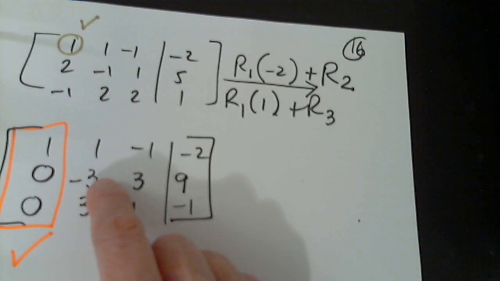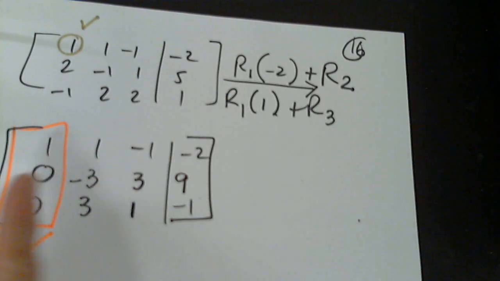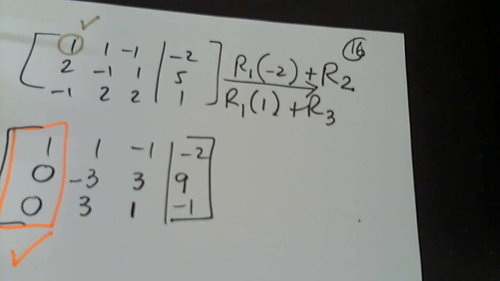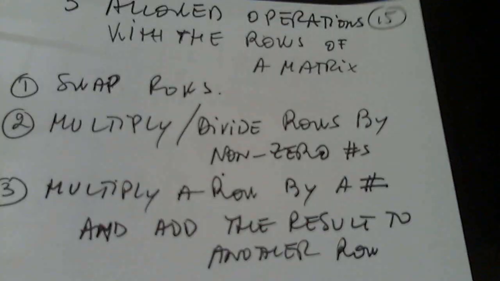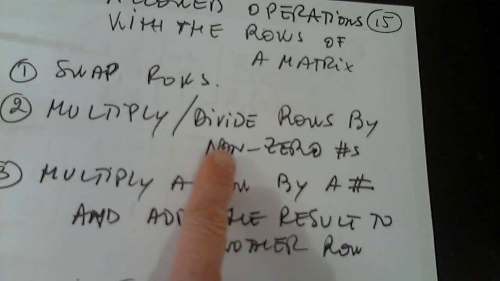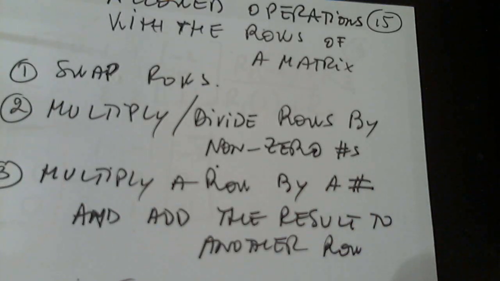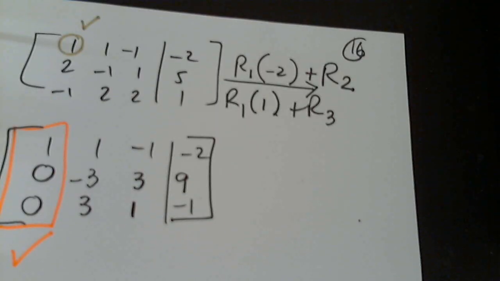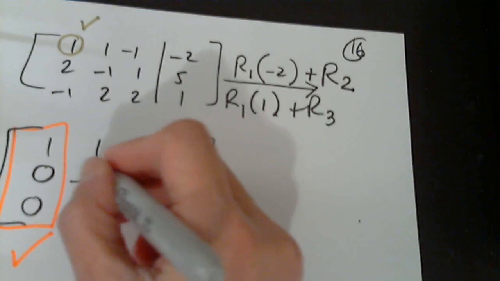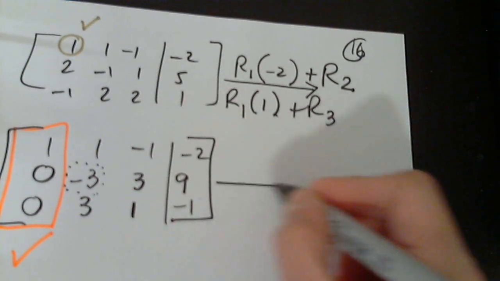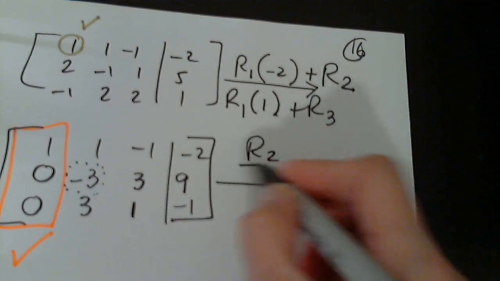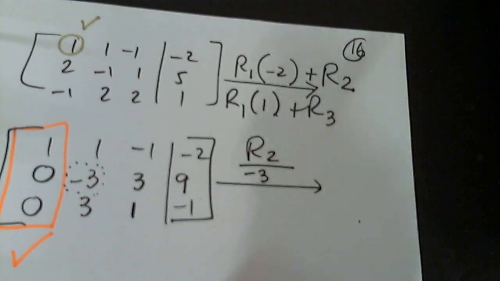Next step, I need a 1 here. And I'm looking at this row, and I know that I am allowed to multiply or divide a row by a non-zero number. In order to obtain a 1 here, I must divide row 2 by negative 3.